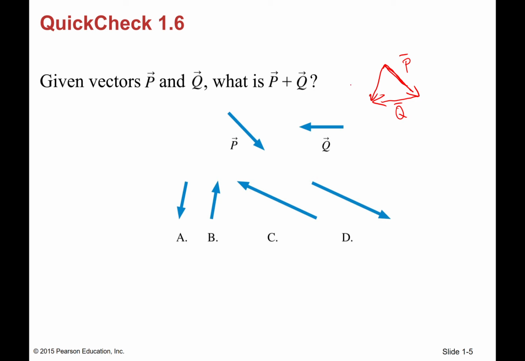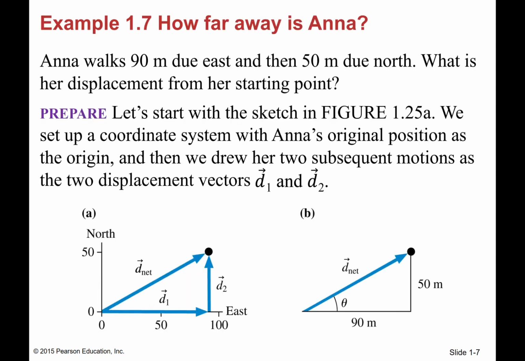So this is P plus Q. That is your resultant vector here. So that's what we've done.